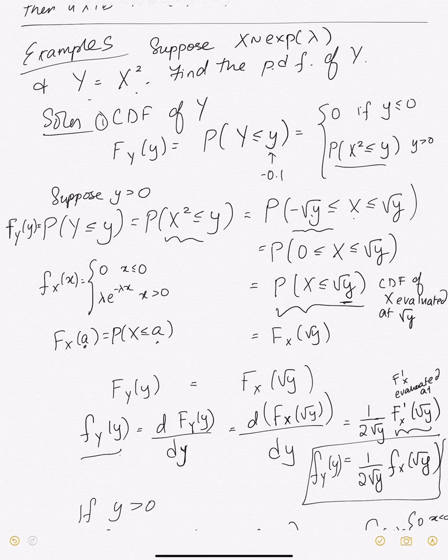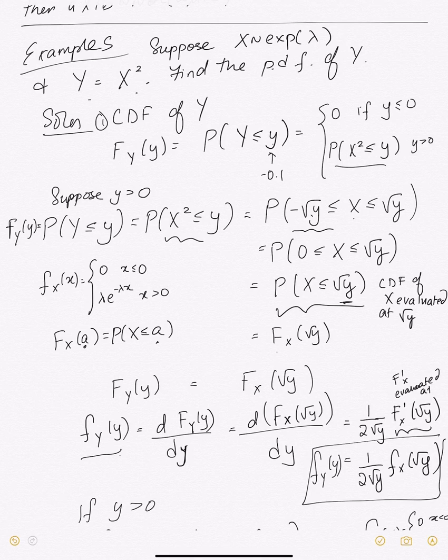You have that F sub Y is given by the probability that X squared is less than or equal to y. Well, what is that? Parsing through this, it is the probability that X is less than or equal to square root of y, because X is always non-negative, which is just the CDF of X evaluated at square root of y.